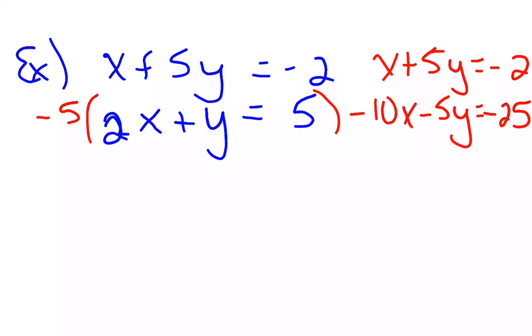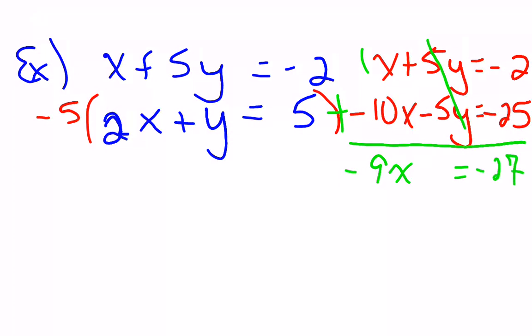And so now if I go to add those together, I have 1x plus a -10 gives me a -9x. 5y plus a -5y is 0. And -2 plus a -25 is a -27. If we continue to solve, then we're going to divide by a -9. And we get x is 3.